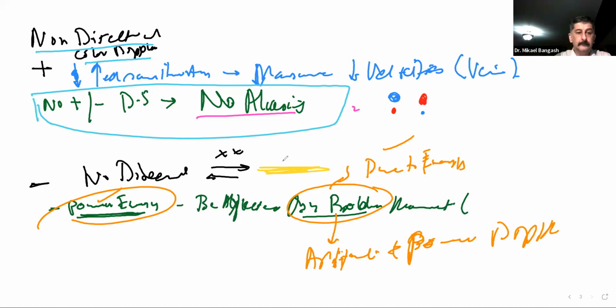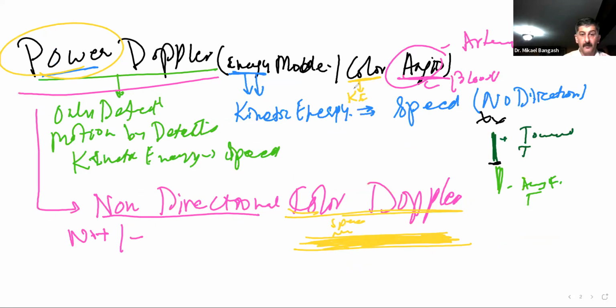Is that clear? But the main point is that your power Doppler only records energy. Primarily its target is kinetic energy, and based on that recording it will say there's something that is moving.